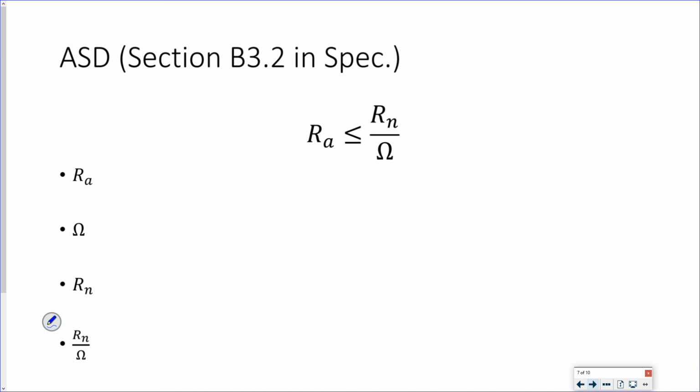ASD is similar. We have our required strength, Ra.